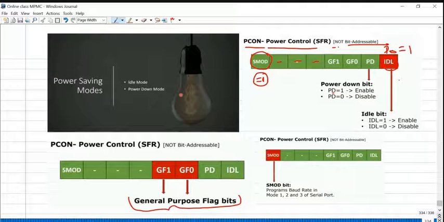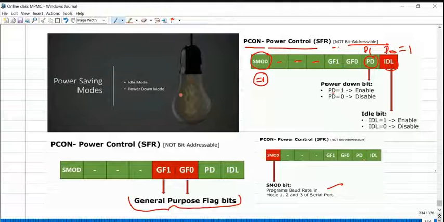Okay. Next, D1. D1 is power down mode. When D1 equal to 1, that is PD equal to 1, power down mode will be enabled. Okay. SMOD is used to set the baud rate of serial port communication. So this is the power control register. This is not in the interrupt handler, it is a separate topic.